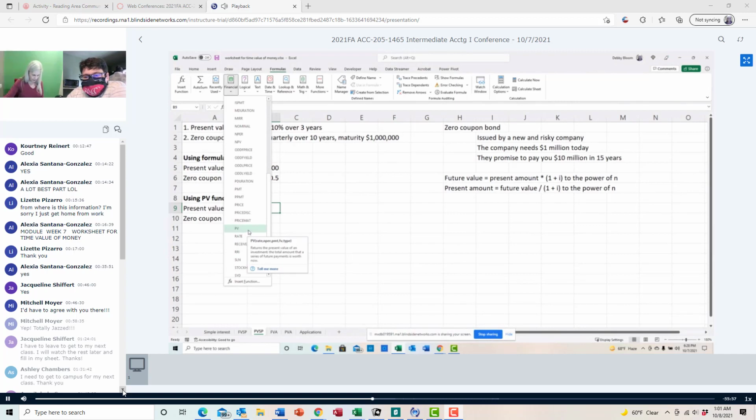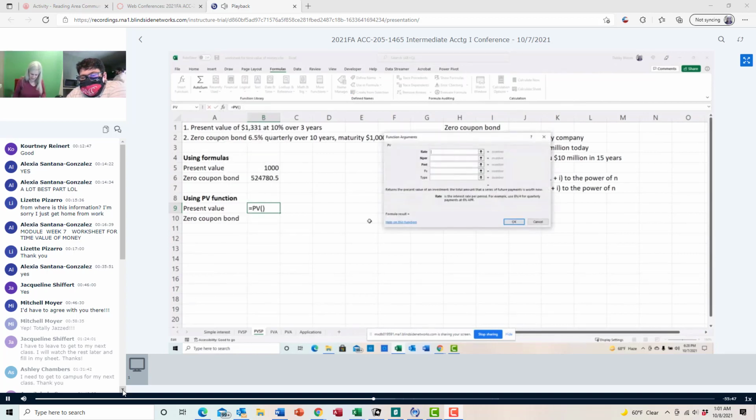So notice PV returns the present value of an investment, the total amount that a series of future payments is worth now. So my rate is 10% for problem 1, 10% annually. My number of periods is 3. And once again, if I want the answer to come out as a positive number, I have to put negative numbers in here.